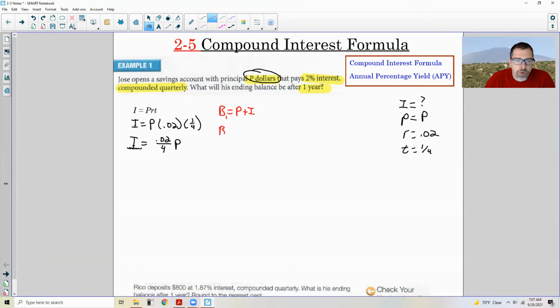Okay, so the balance 1 is going to equal principal P plus, and we're going to take this 0.02 over 4 times P, and that is our I. And so since we have an I in this equation here, it's going to go here and we're going to substitute 0.02 over 4 P. So the balance after the first quarter would be the principal plus this interest amount.